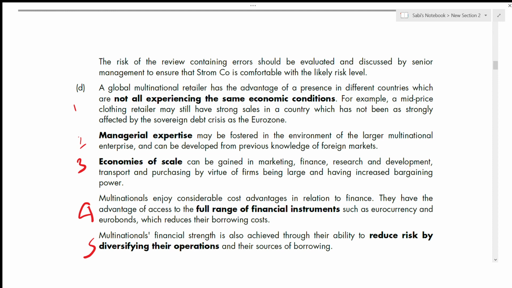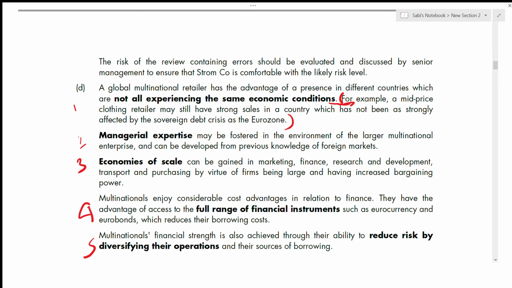So what happens is they are not going to be affected very badly, very negatively. Now you see the shift from here to here. This is how you have to link. First they told what the advantage is, that they have an advantage of presence in different countries.